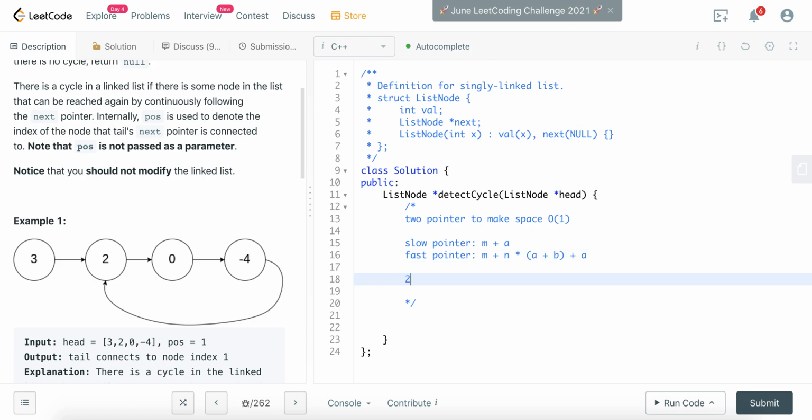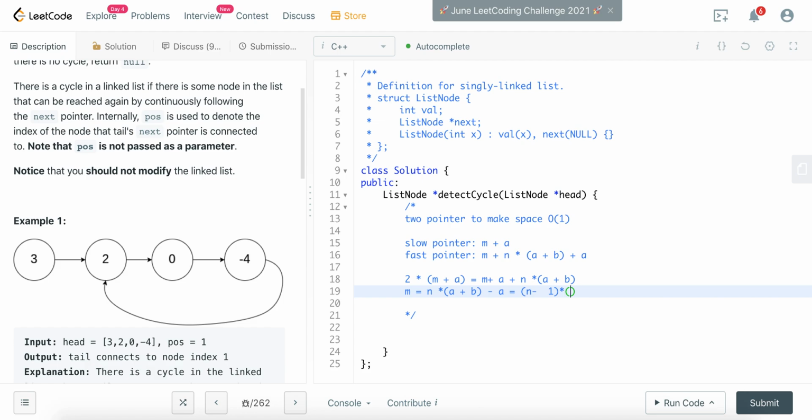Then the equation will become, since my speed for the slow pointer is just half of the fast one, m plus a divided by 1 equals m plus a plus n times a plus b. Then my m will equal n times a plus b minus a, which equals n minus 1 times the whole circle and then plus b.